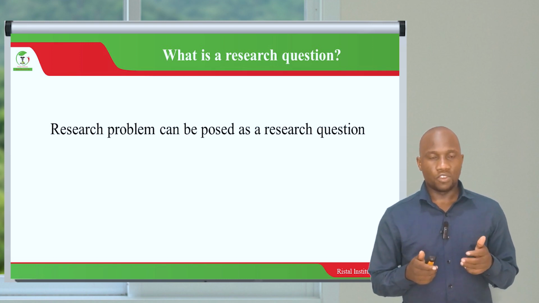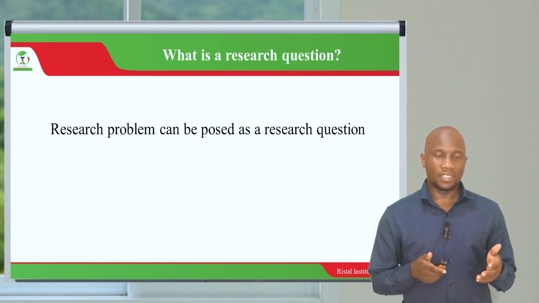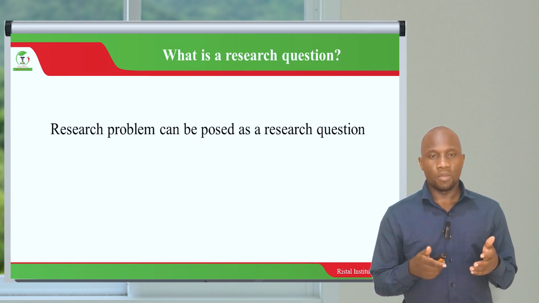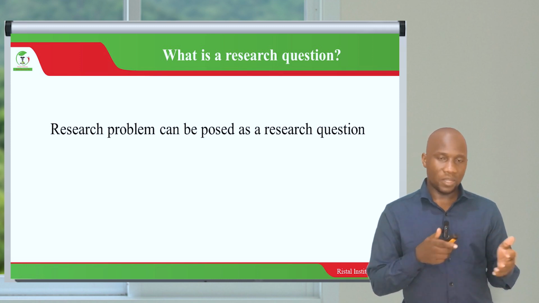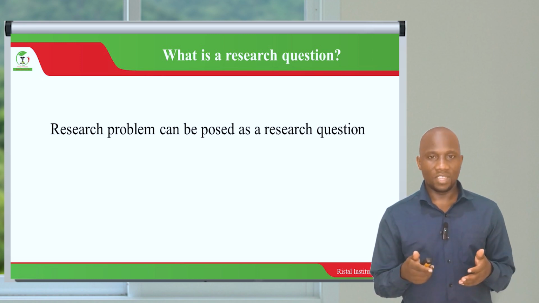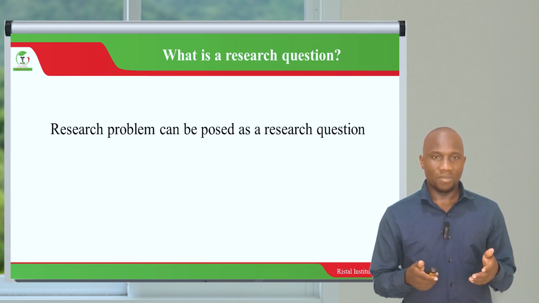Okay? So for example, if you are in the hospital and you realize that the data is showing that for every 10 women who are pregnant and due for labor, when they undergo a cesarean section, about 6 of them end up coming back with sepsis. That is a problem.